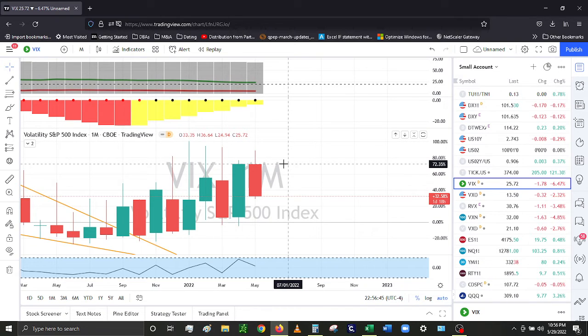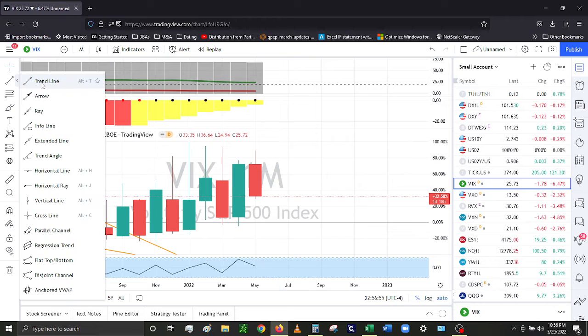that's interesting. Let's draw a trend line and see. That's a 40. That's saying 40%. That's interesting. Settings, price range.